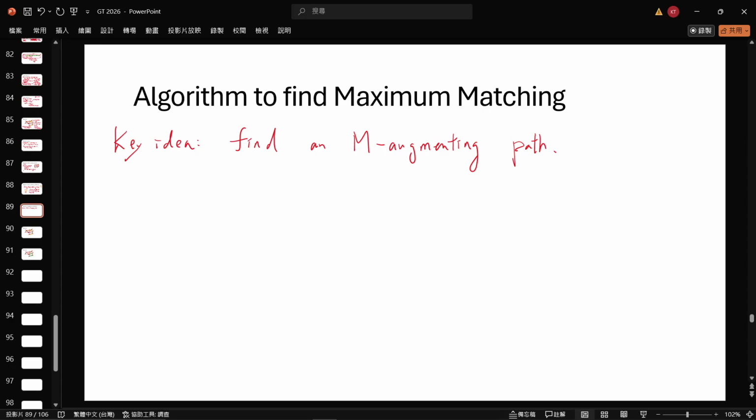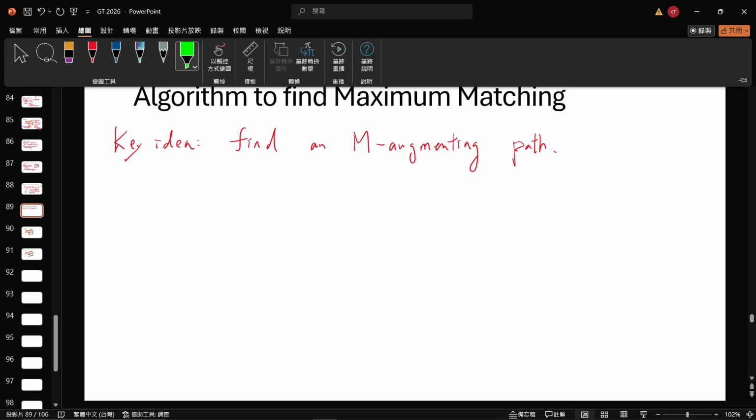So I think I'm going to first write down the definition.